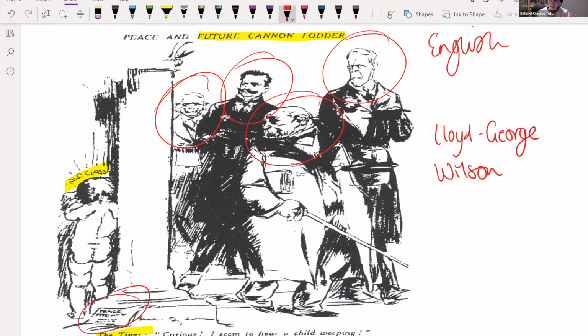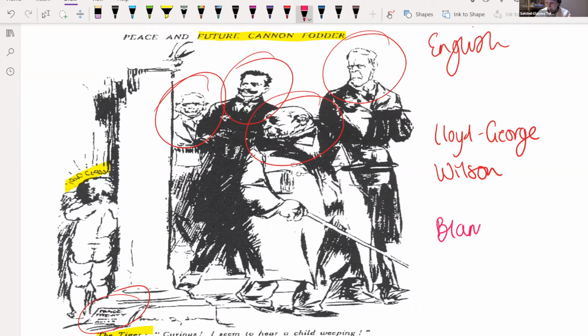That is what this cartoon is saying. It's saying that this child, 1940, is going to be future cannon fodder, because by 1940 they will have been so upset with the Treaty of Versailles that there will be another war, more cannon fodder, and it will have been because of what was happening at the Paris Peace Conference. So again, contextual knowledge to back that up.